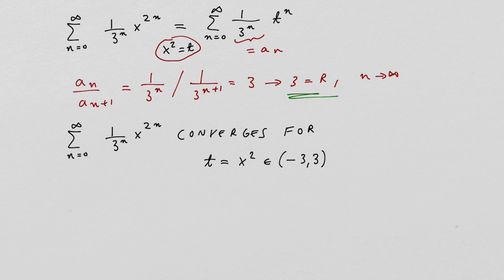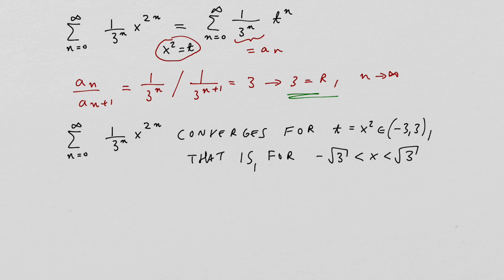So this series converges if t is in this interval. Of course, such a t is a non-negative number, so actually in this case half of the interval is not so useful. We can solve that we must have that x is between square root of 3 and minus square root of 3.